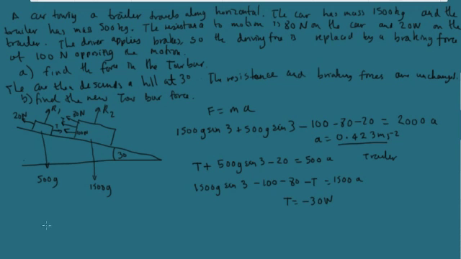So in this case, the tension in the tow bar is still a thrust of 30 newtons.